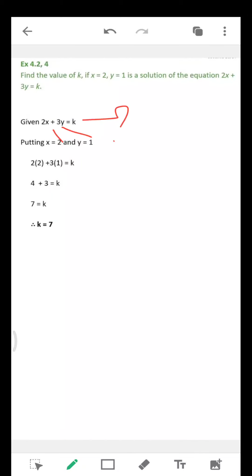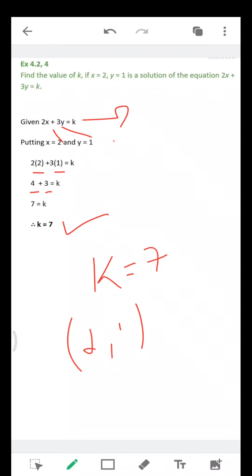So 2 into 2 after substituting, and 3 into 1 is equal to k. 2 twos are 4, 3 ones are 3, 4 plus 3 is 7, so k is equal to 7. So for k is equal to 7, I can say 2 comma 1 is a solution of this equation.